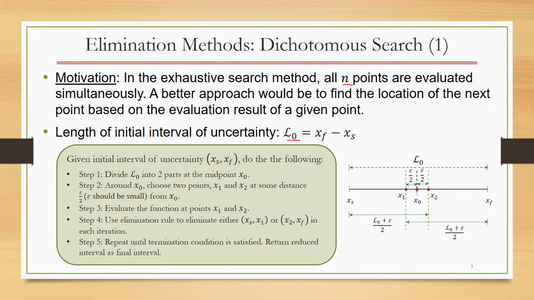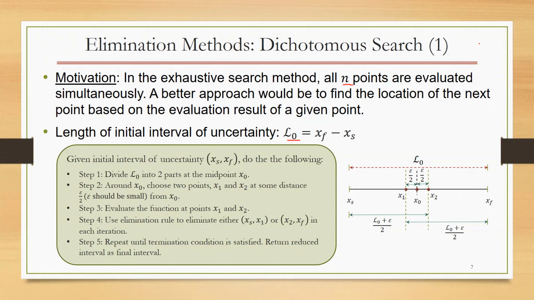Daniar Musa, could you explain to us? In the dichotomous search, as its name says, we should contrast two parts. First, we should find the length and then divide it into two parts. It doesn't matter if they are exactly the same, because each time we have different values of epsilon. Then around this middle point, x0, we choose 2 points, x1 and x2, with a distance of epsilon over 2 between x1 and x0, and x0 and x2.